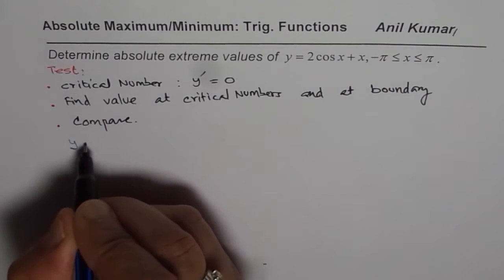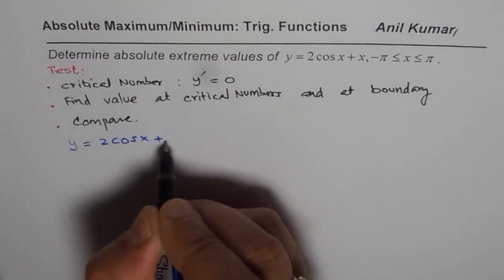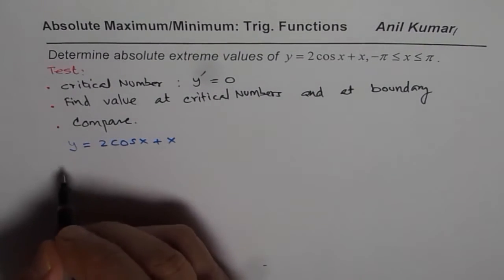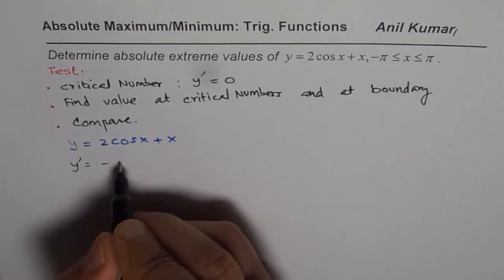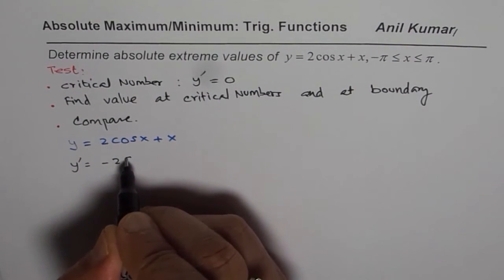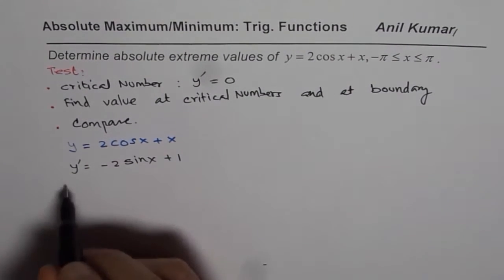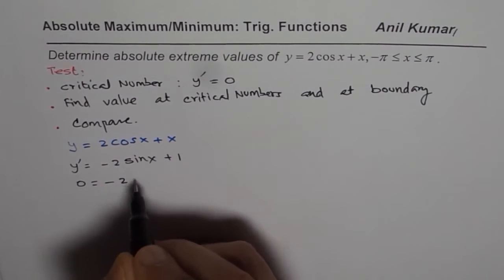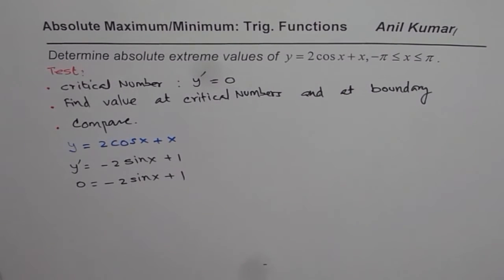We have y equals 2 cos x plus x. Now in this case, the derivative of cos x is minus sin x, so I could write this as y prime equals minus 2 sin x plus 1. For critical numbers, y prime should be 0, so we get 0 equals minus 2 sin x plus 1, right?